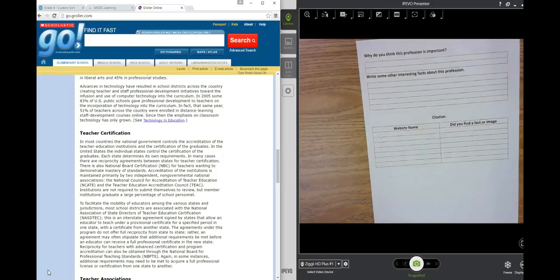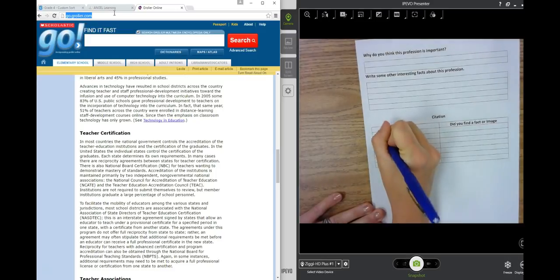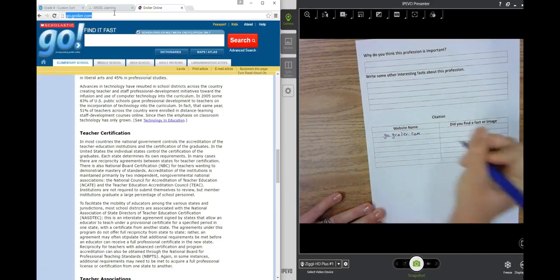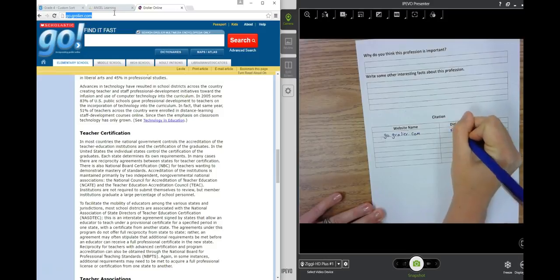And since I found facts, I need to write where I found them. So for the website, I look at the URL up here, and I need to write that down. And I found facts there.